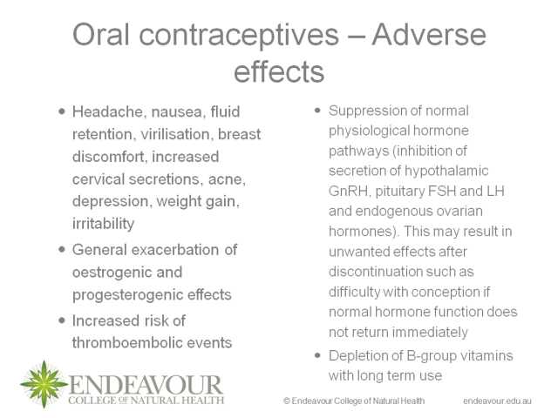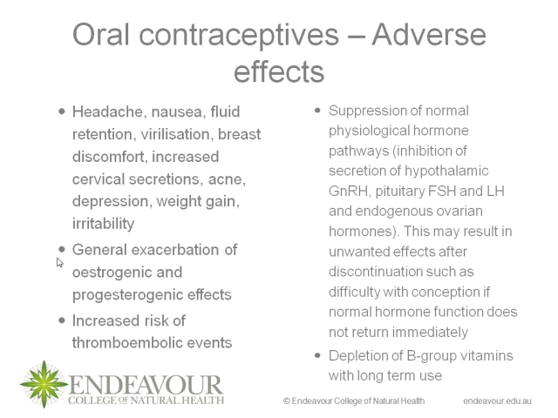And then other effects. There is suppression of normal physiological hormone pathways. We said with time there will be inhibition of gonadotropin-releasing hormone, pituitary follicle-stimulating hormone, and luteinizing hormone, and so there will be reduced production of endogenous ovarian hormones, including estrogen and progesterone.